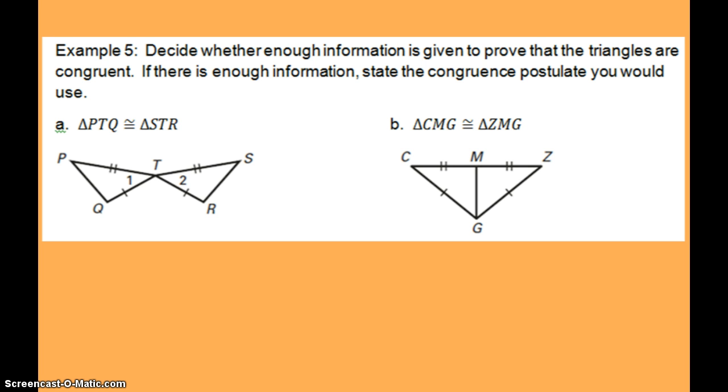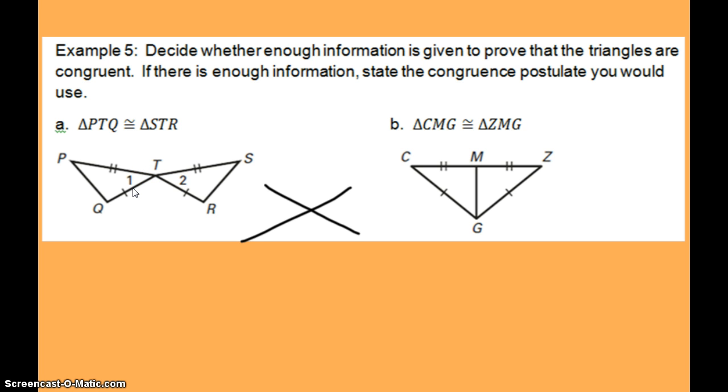Alright, taking a look at A. Okay, we have two pairs of congruent sides and angle 1 and angle 2. Angle 1 and angle 2 are not vertical angles. Remember, vertical angles are made by two lines. Okay, I see 4 different lines here: 1, 2, 3, and 4. They all have their different slope.